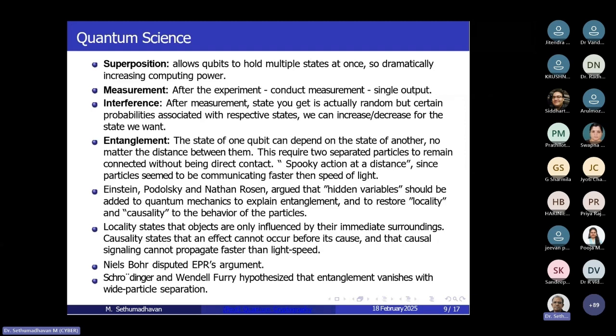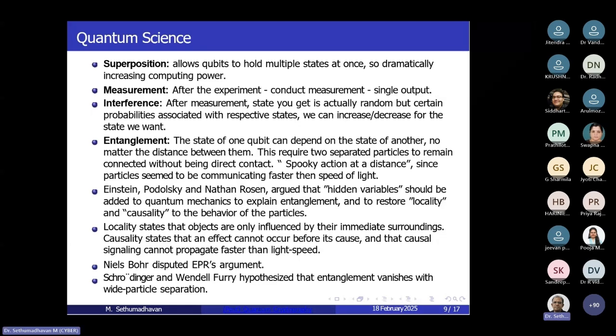And fourth is entanglement, where the state of one qubit depends on the state of another, no matter the distance between them. See, Albert Einstein had an issue there. These two separated particles remain connected without being in direct contact. Nobody could explain why this is happening.